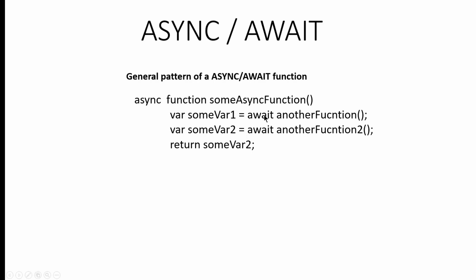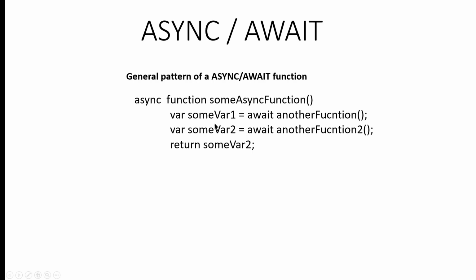We will then have this other function here, an asynchronous function that will return some value into some var1. We could use this variable and pass it into the next one, but this will wait till this resolves to get some variable. And when we're done, we can return some variable back as we need it. So that's just a general pattern of what we're looking for.